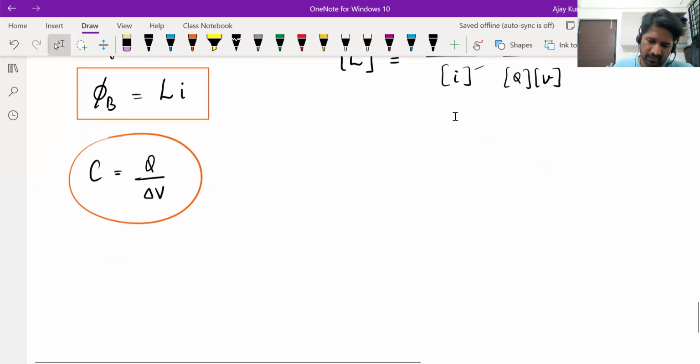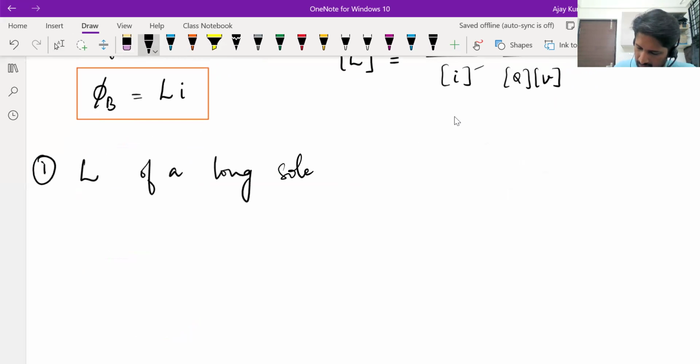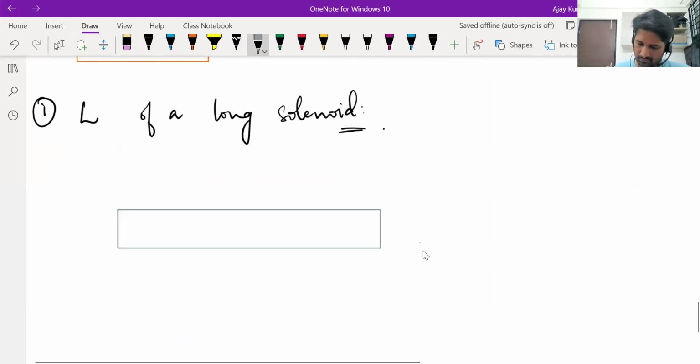Let us derive an expression for self-inductance in one case: self-inductance of a long solenoid. Consider a long solenoid.